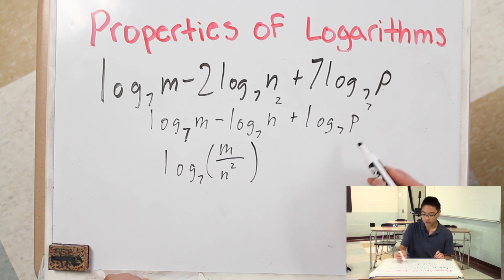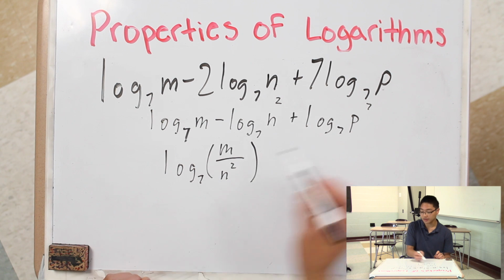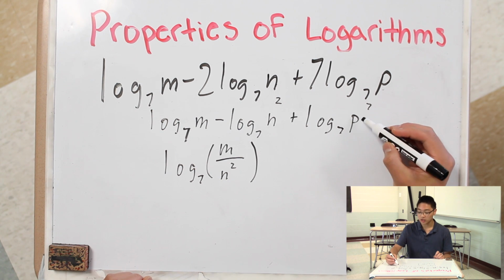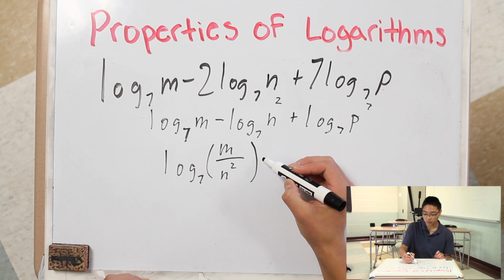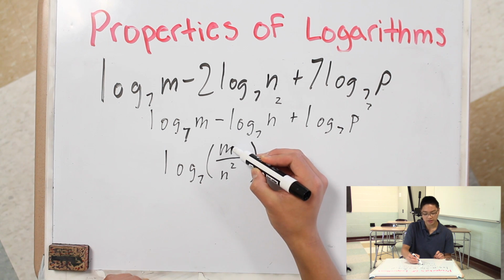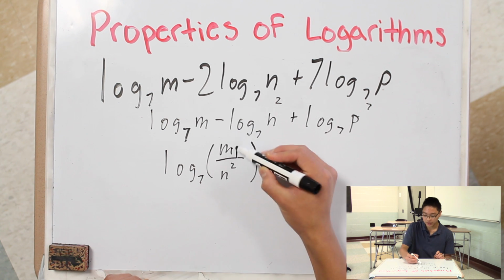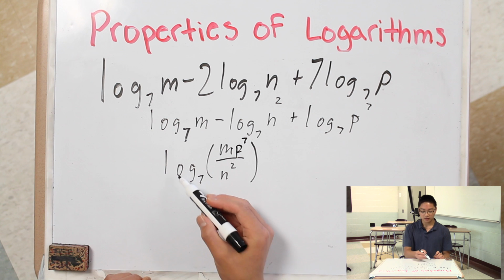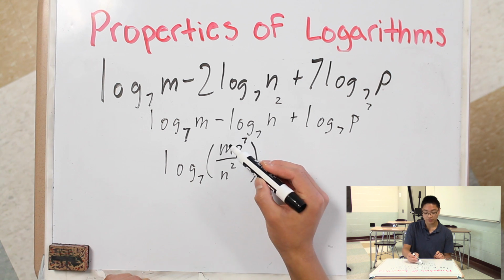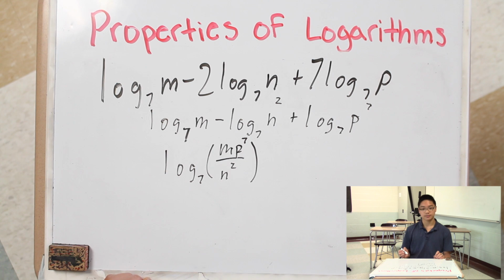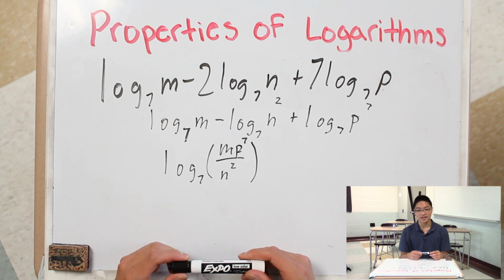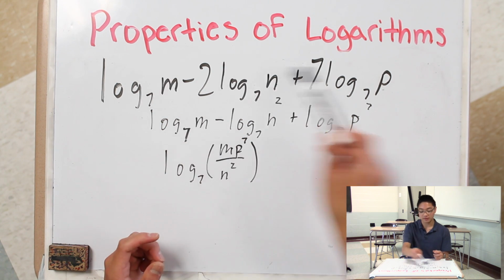So we know to multiply, since there's the same base of 7. We're going to multiply by p to the 7th, the argument. So when we multiply, we just multiply in the numerator, so we're going to put p to the 7th. Log base 7 of m times p to the 7th over n to the 2nd. And that's how you condense a logarithm from expanded form.